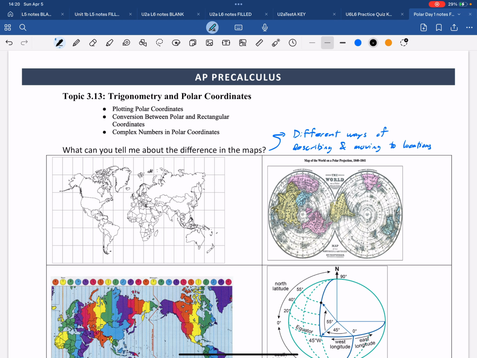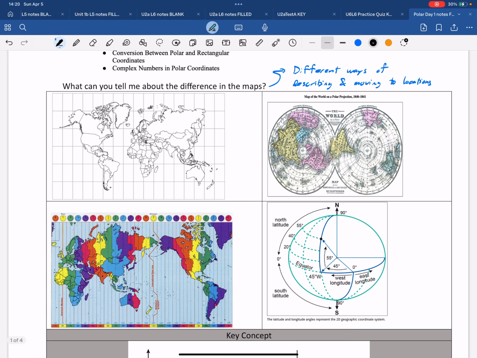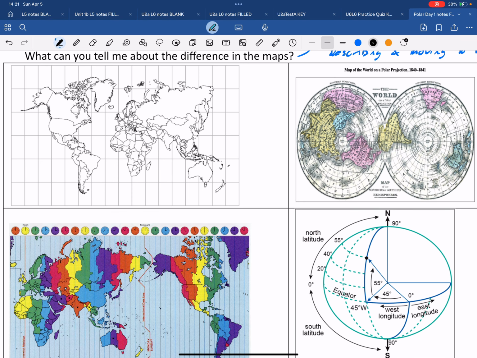we have these 4 maps that you can see here, and we're gonna work in both rectilinear XY and polar coordinates this lesson and most of this mini unit. But this question here is, I think, one to maybe just think about when we're considering polar coordinates, which is what's different about these maps.